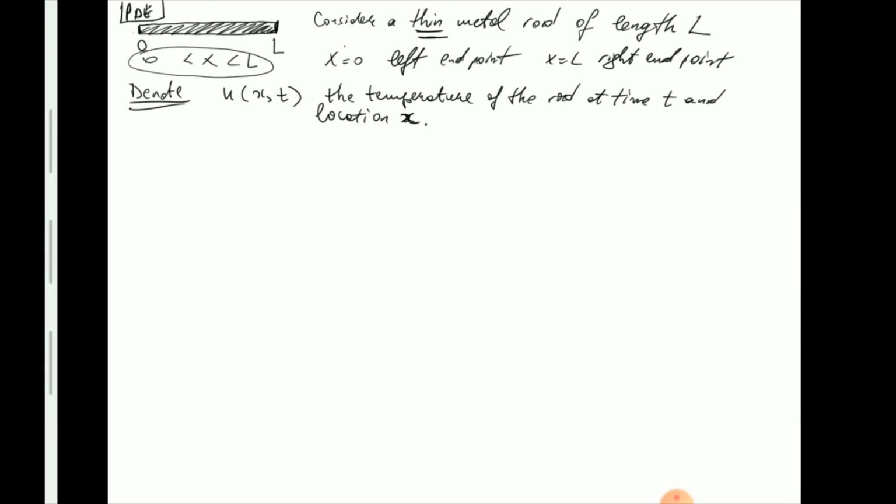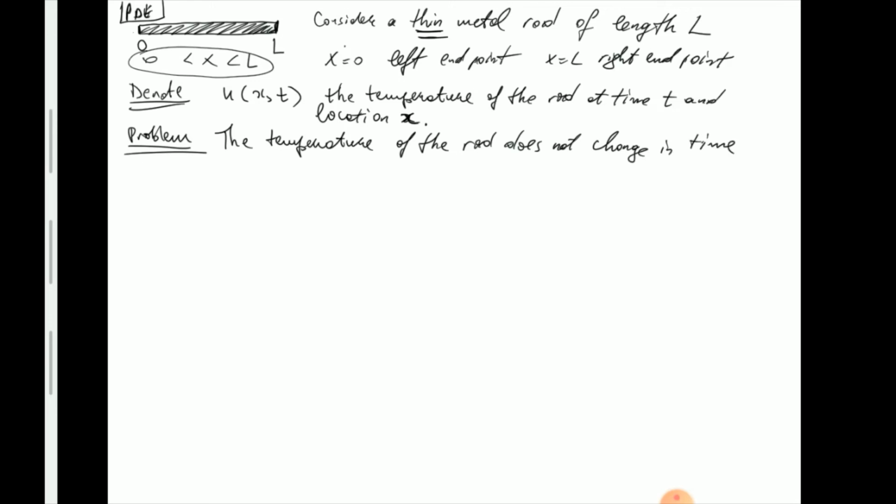And let's say the statement of the problem that we want to model is that the temperature of the rod does not change in time anymore. So that means, let's say it reached a thermal equilibrium.